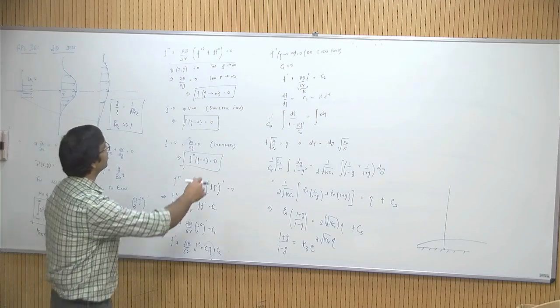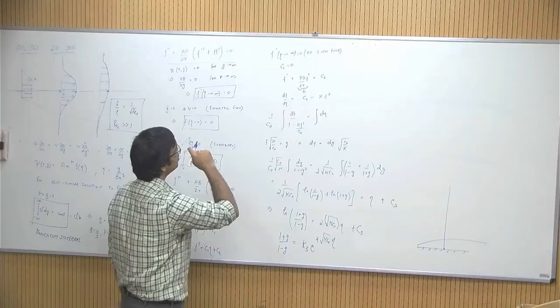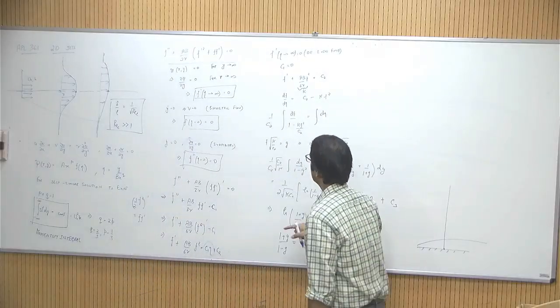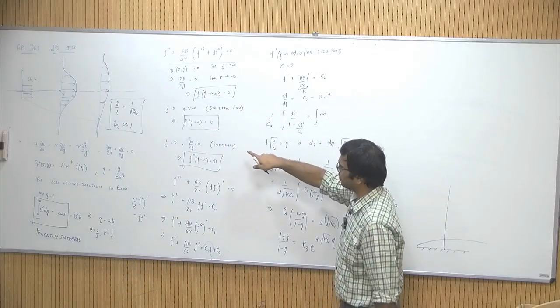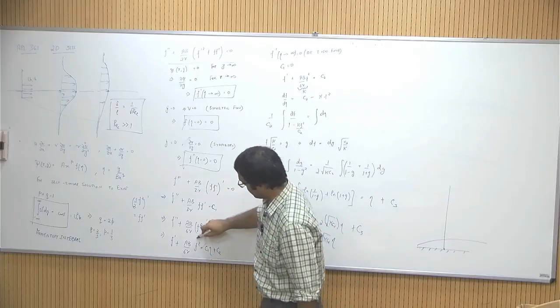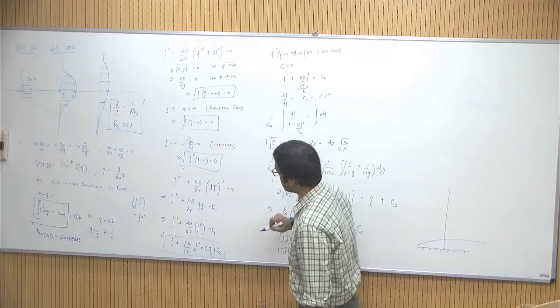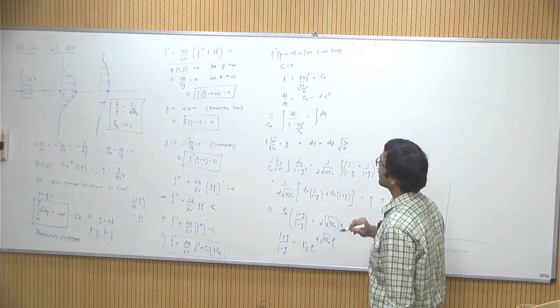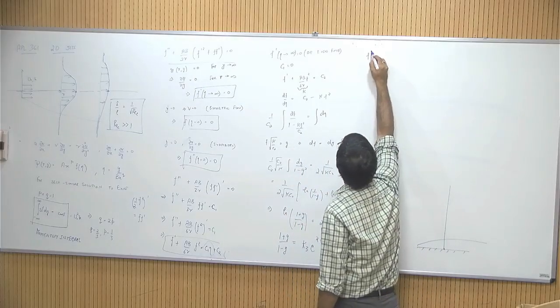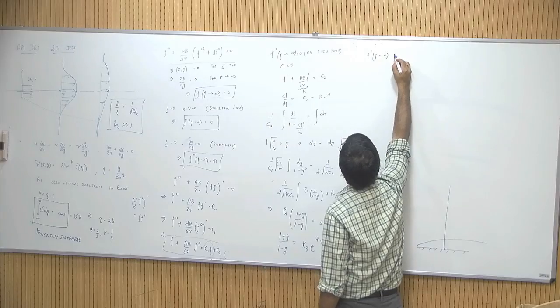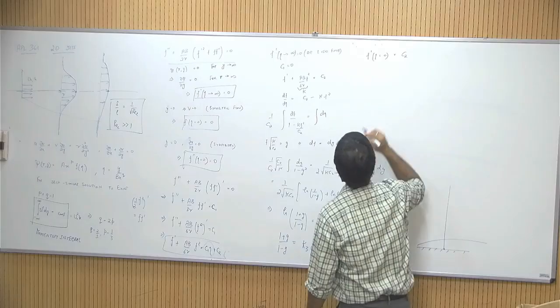Now if you look at this, f of eta equals 0 is 0, right? f of eta equals 0 is 0. So that means f prime of eta equals 0 is simply this constant C2.